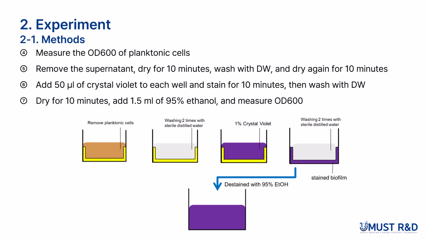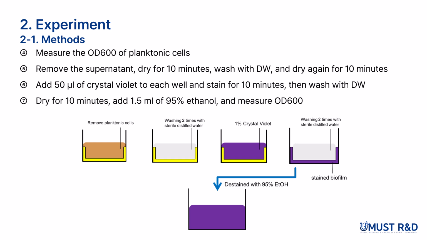After incubation, we quantify the biofilm using crystal violet staining. First, measure the OD600 of planktonic, which is free-floating cells. Remove the supernatant and dry the wells for 10 minutes. Rinse with distilled water and dry again for 10 minutes.